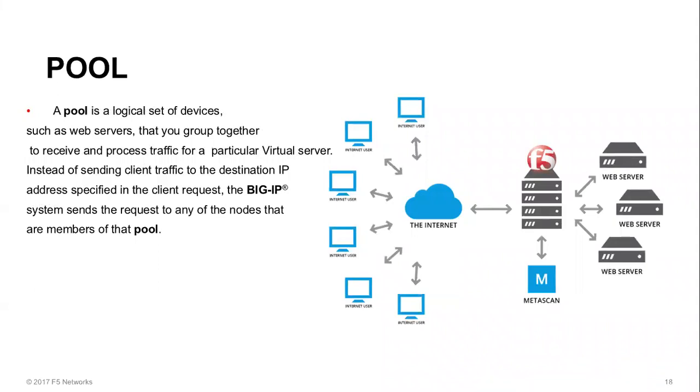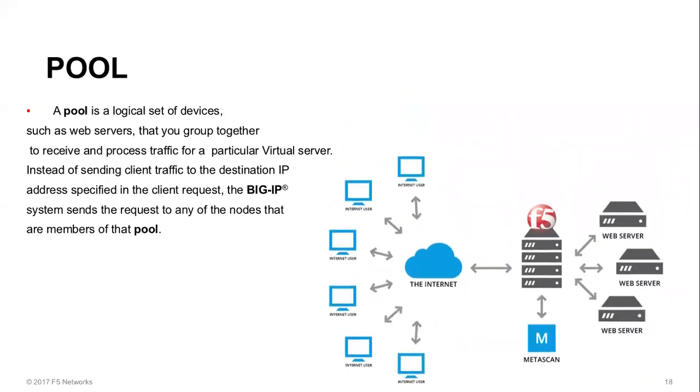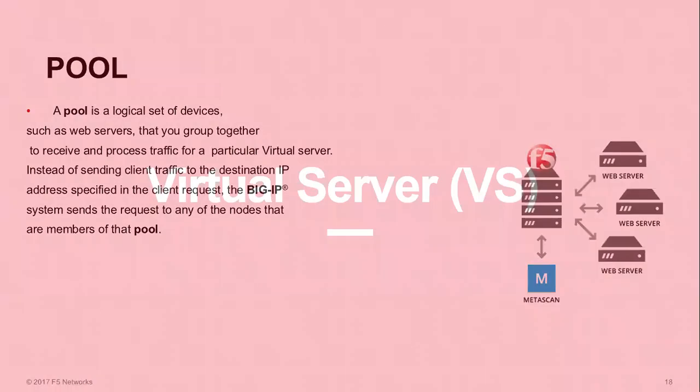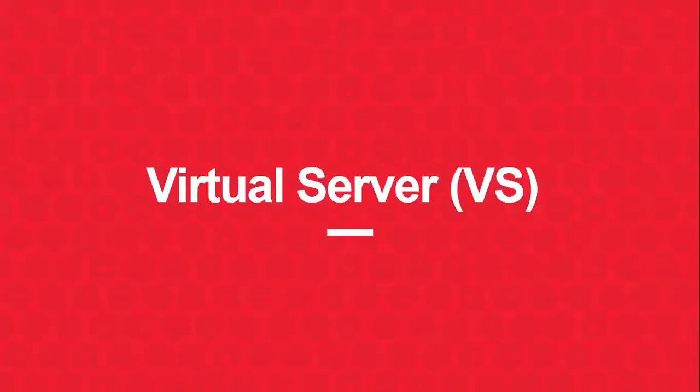So the pool in itself is a group of pool members, and it doesn't actually have an IP address. The pool members are just grouped together to form a pool. Each member belongs to a pool, and it can be named anything on F5. So this pool is the one that is attached to the virtual server that we're going to discuss now.